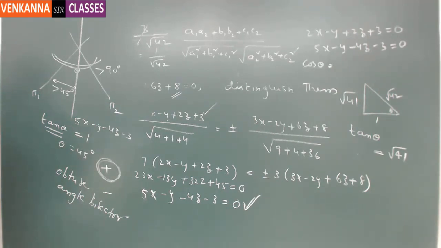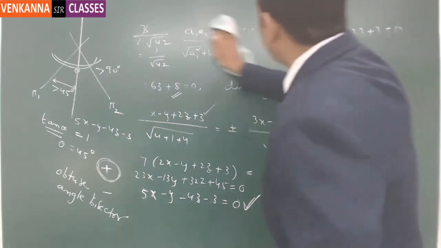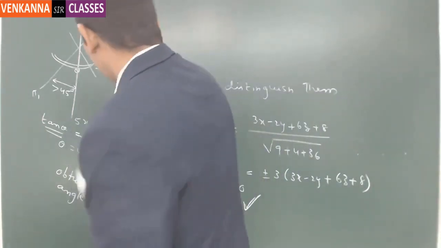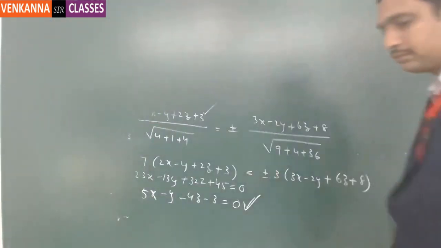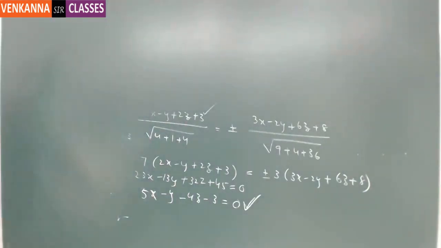So I discussed about the one approach. There is another shortcut approach. So if you didn't get a confusion, that is more convenient compared to this approach. So I will give the procedure one after the other.